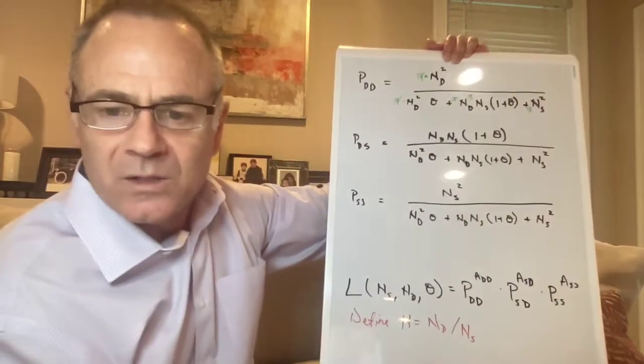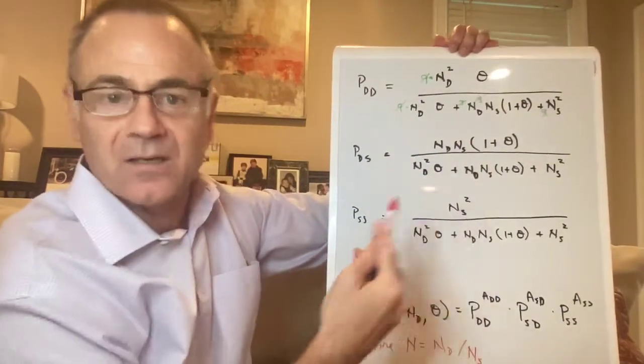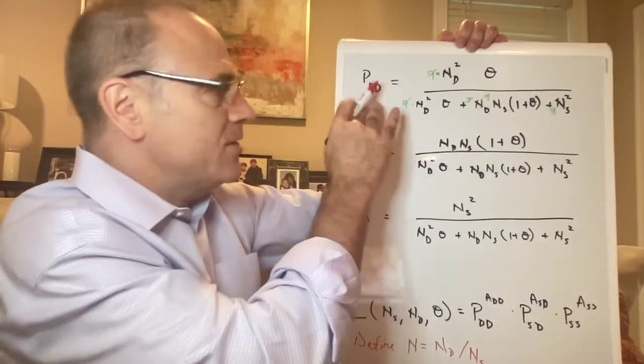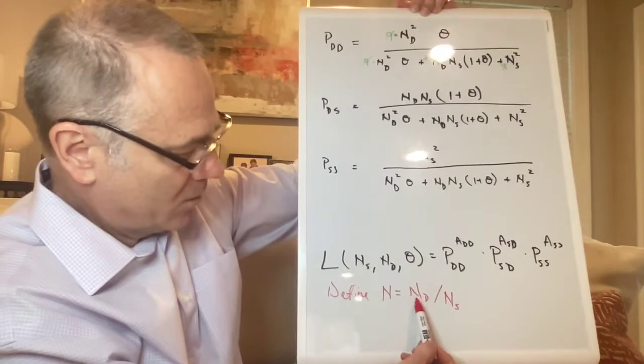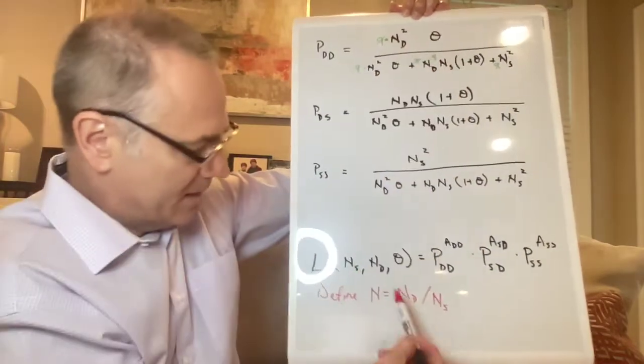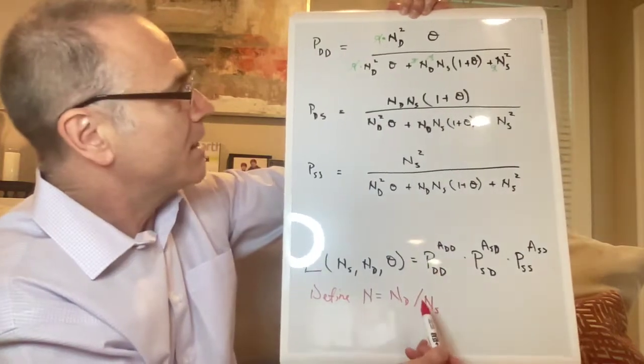Once we do that, we're going to try to rewrite these P terms in terms of N. If we want to make that an N, the way to do it is divide every ND by NS.